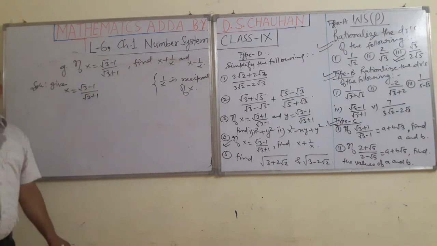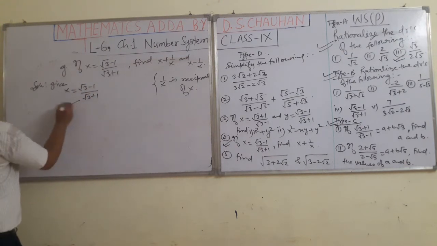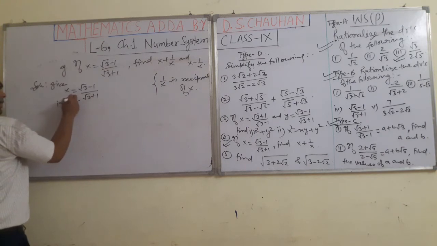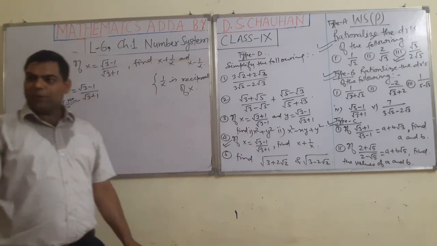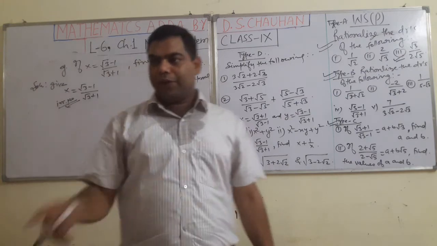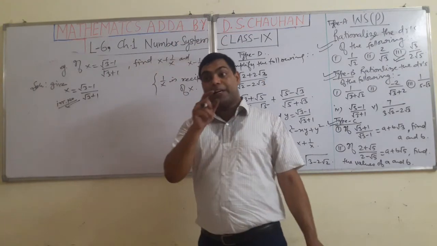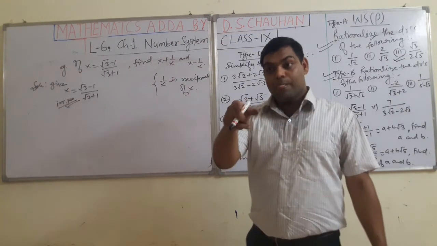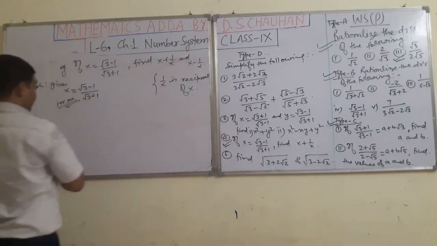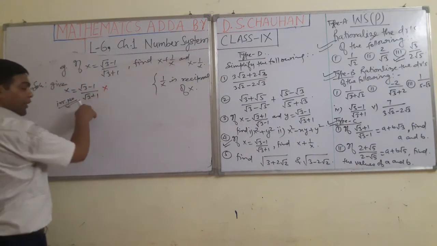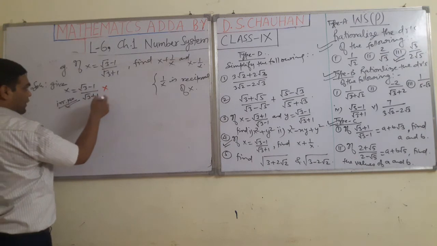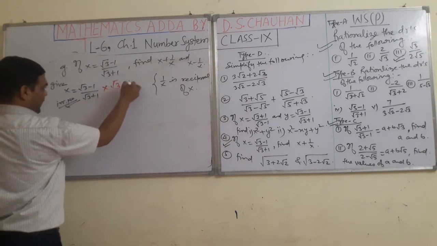First of all, students, you point out this is an irrational number. Any time you see the denominator as an irrational number, always proceed with the help of rationalization of the denominator. So here, multiply numerator and denominator by the conjugate of root 3 plus 1, which is root 3 minus 1.